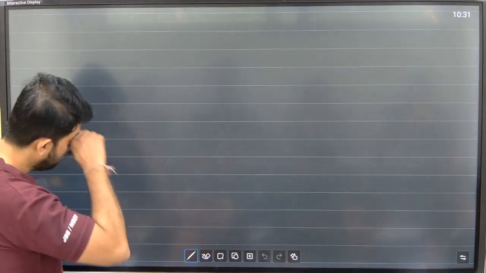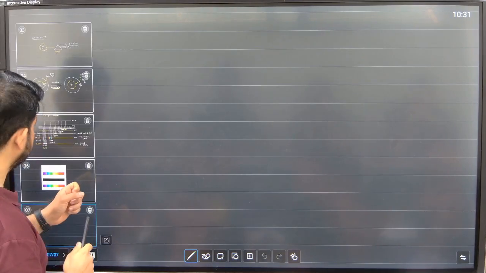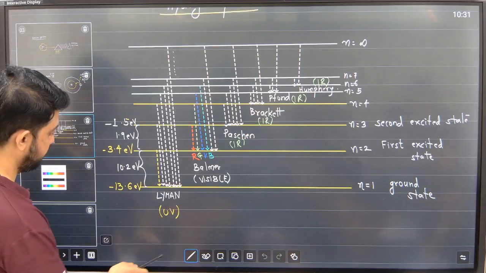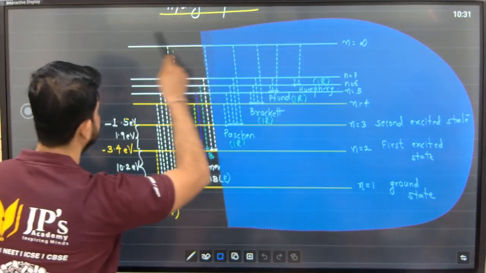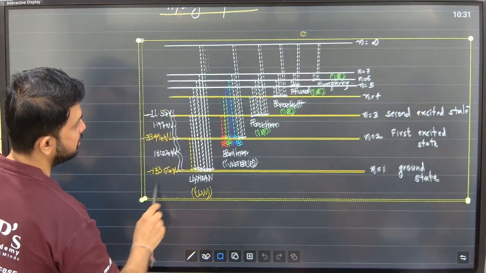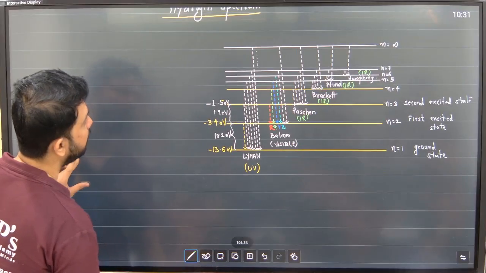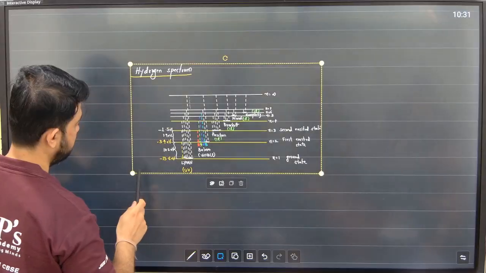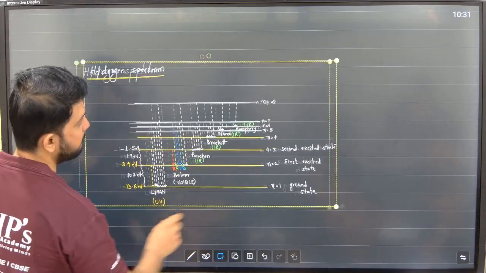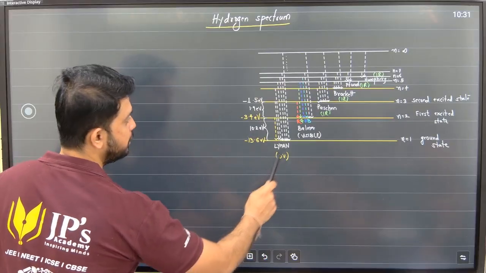So we know that in hydrogen spectrum, which are the different series?